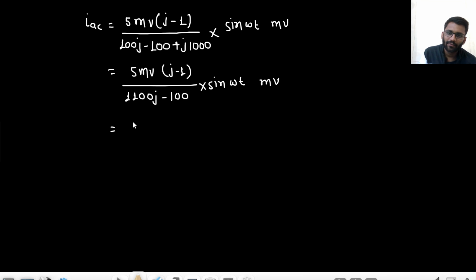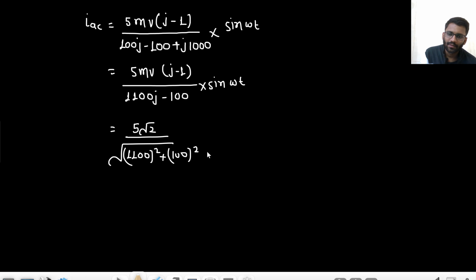Now you can find the magnitude, right? 5, oh, here I am writing millivolt, so I don't need to write millivolt here. What will be the magnitude of this? 5 into root 2 upon, what will be the magnitude of this, 1000 whole square plus 100 whole square into sine omega t.